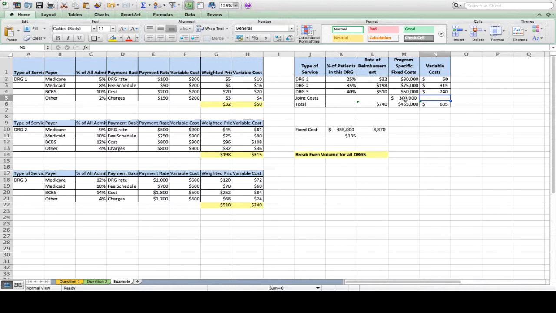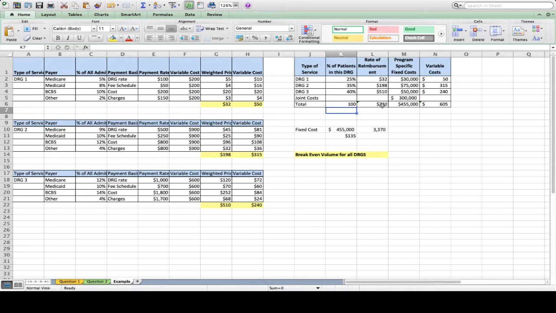I changed the numbers here just to look a bit different, but we're going to add all these up, because we are looking at everything as 100%. We're not trying to find a break even for DRG1 or DRG2 or DRG3. We're trying to find it for the entire hospital, but we're just only doing 3 DRGs here.